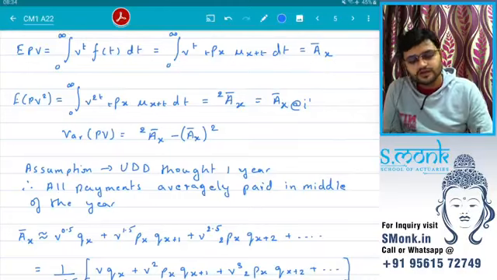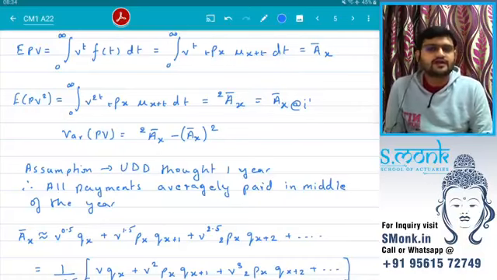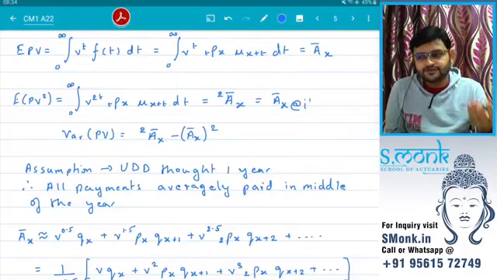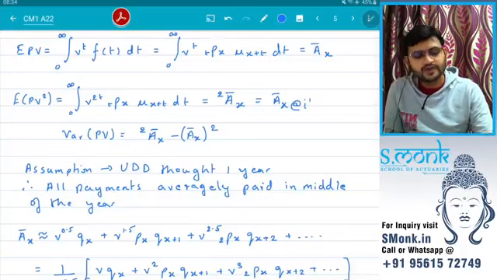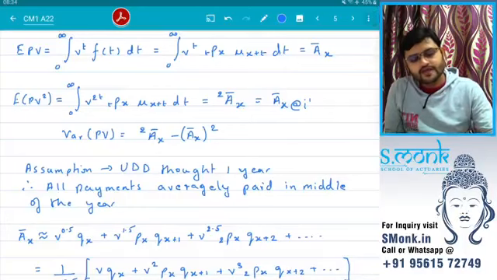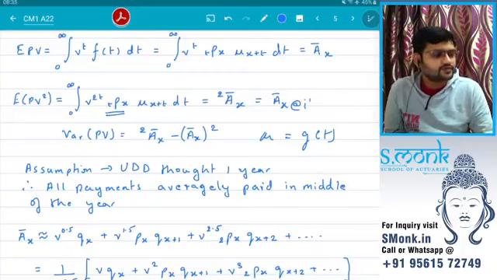Right? But force of mortality, because we are collecting data yearly and we are collecting the real life data, the chances that we can convert it into mu is difficult. And then after generating mu, it will be in terms of time. It will be in terms of how many number of years have passed from that age x. So we will have mu in terms of some complex function of time, some function of time. Let me write it as g. And then this will also be some function of time, because we have e raised to minus of integration mu t.